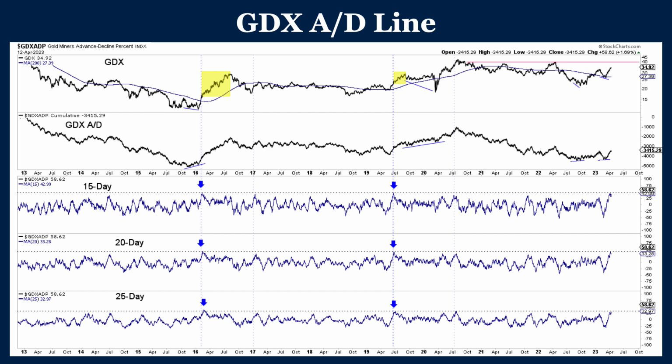A market can rise if a small amount of stocks are performing really well and the rest are only flat, but that isn't the healthiest situation. The healthiest is when a market or sector is rising because a large percentage, like 90, 95% of those stocks, are all rising. That is when a market or sector is at its strongest point.